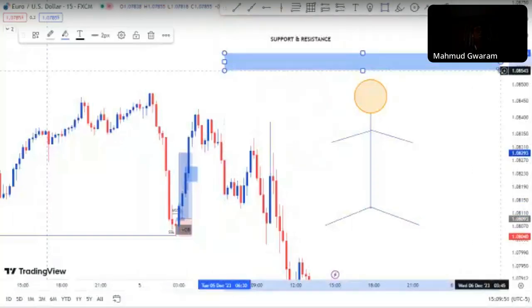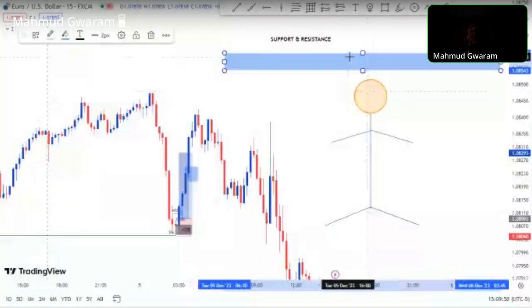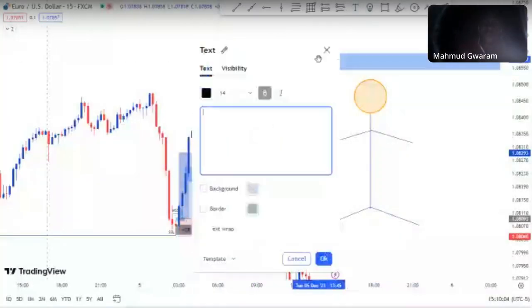If you are inside your house, you cannot jump up and just get out through the roof. What will be resisting you is the roof. So this particular roof is what we call the resistance. The resistance is usually at the top.